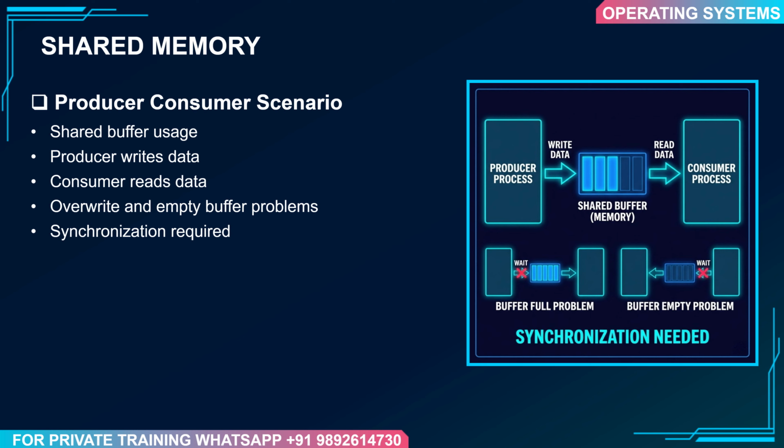Shared memory makes this efficient because both processes access the same buffer. But what if the producer writes new data before the consumer reads the old data? Or what if the consumer tries to read when the buffer is empty? These problems are not solved by shared memory itself. They are solved by synchronization tools, which is why shared memory and synchronization are often discussed together.